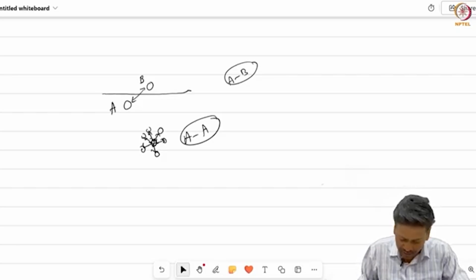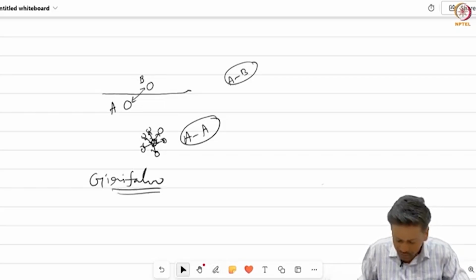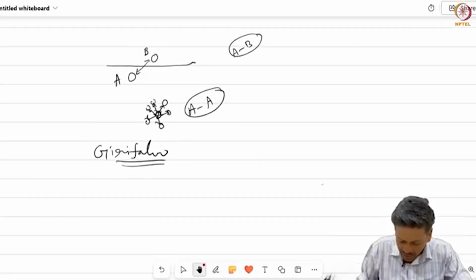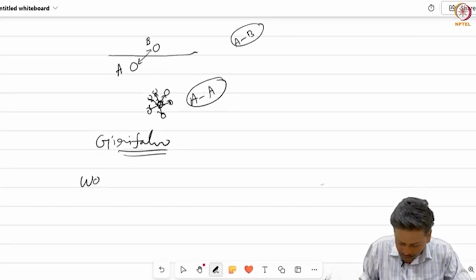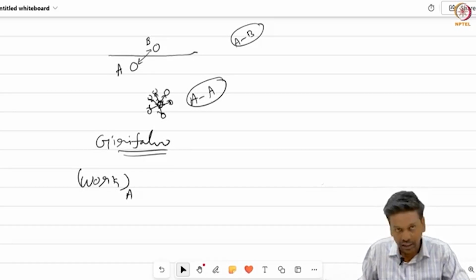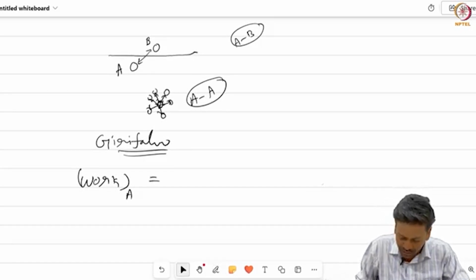So in such a case, we know the Girifalco equation, okay? It says that you need to calculate individually the work required to bring the molecule A, which is nothing but gamma A. Why gamma A?